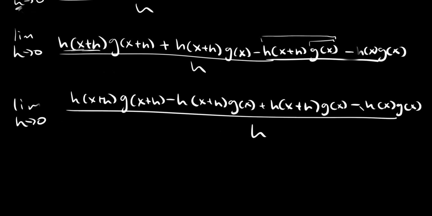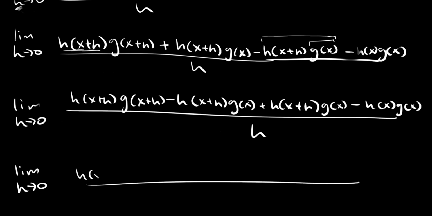Right here, we have a negative sign. That means that in my second part, I'm going to find the derivative of my h of x. Let's just write it here. I'll factorize my h of x plus h here.